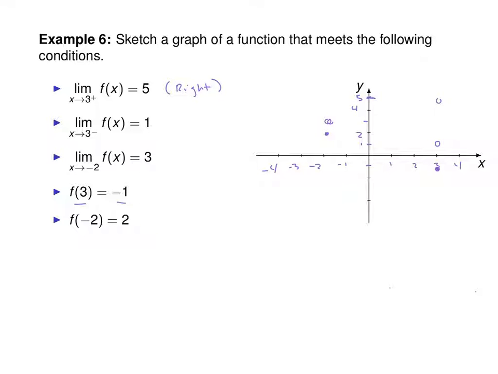So for condition 3, it says you have to get close to 3 on both sides. Your function has to come at 3 and come at 3. And it could do it by increasing or decreasing, doesn't matter, just has to get close to 3. It could do some wiggly craziness as long as eventually it gets close to that number.